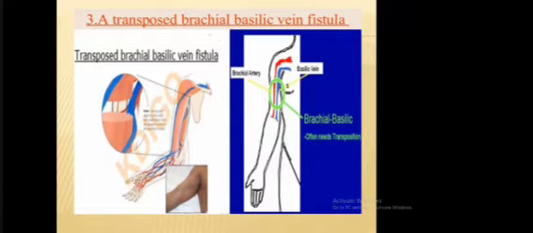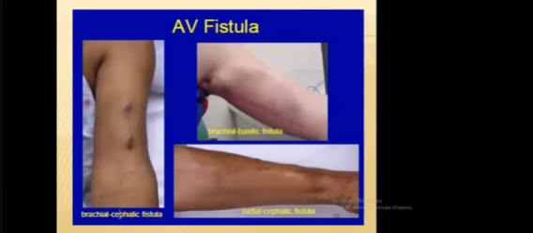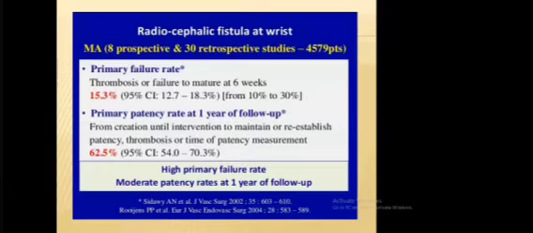Initially, connection between the vein and artery, then they have to transpose it, the superficialization technique, for easy cannulation of the deep veins. These are the brachial fistula, radiocephalic fistula, and brachial fistula with the transposition.